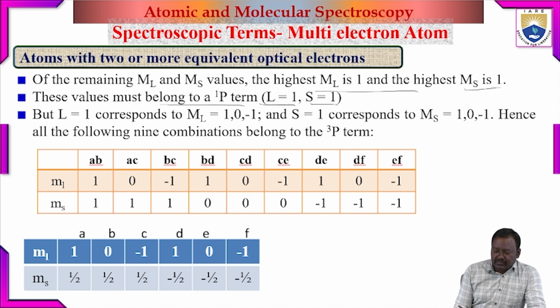L equal to 1 means the ML values can be 1, 0, minus 1, and S equal to 1 corresponds to MS equal to 1, 0, minus 1. So all those combinations for which ML equal to 1, 0, minus 1 and MS 1, 0, minus 1 belong to the term 3P.